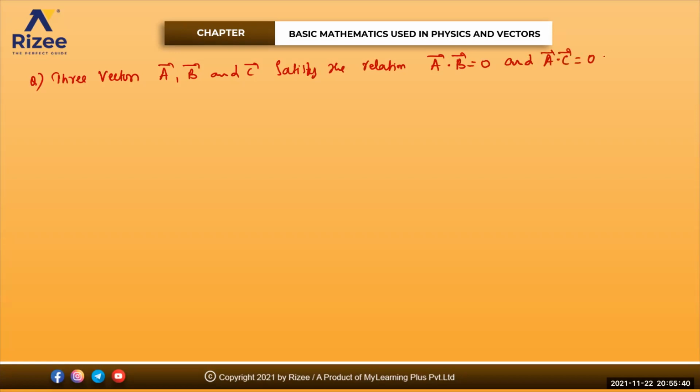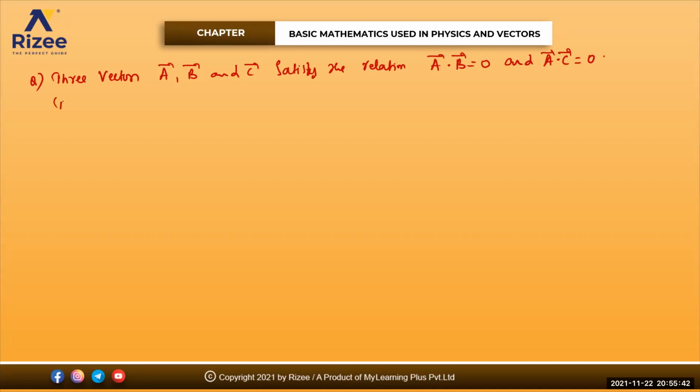See, we have 3 vectors, A bar, B bar, and C bar. They satisfy the relation A bar dot B bar is equal to 0 and A bar dot C bar is equal to 0.